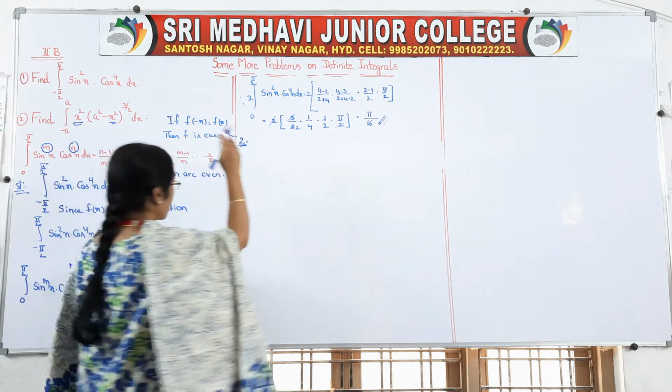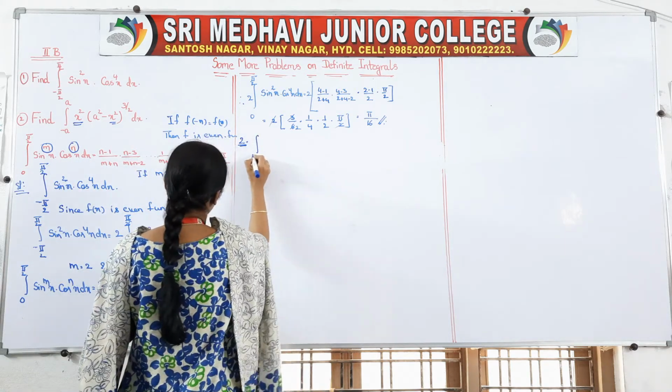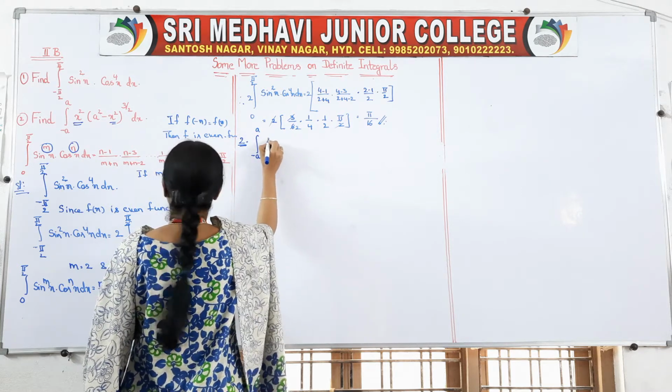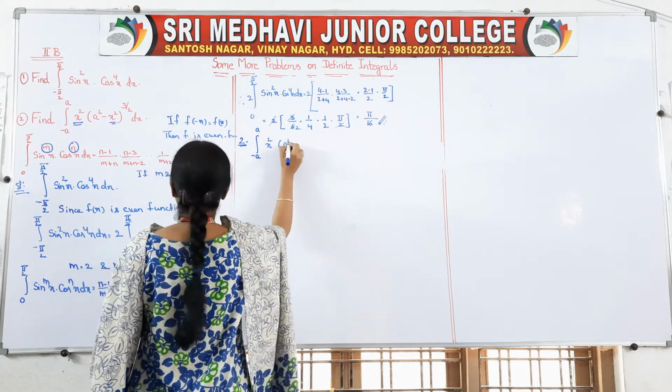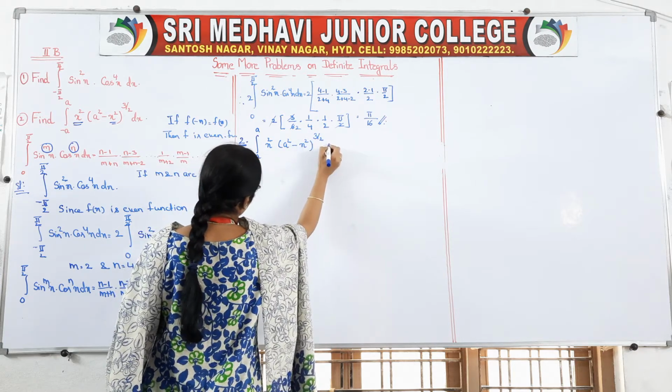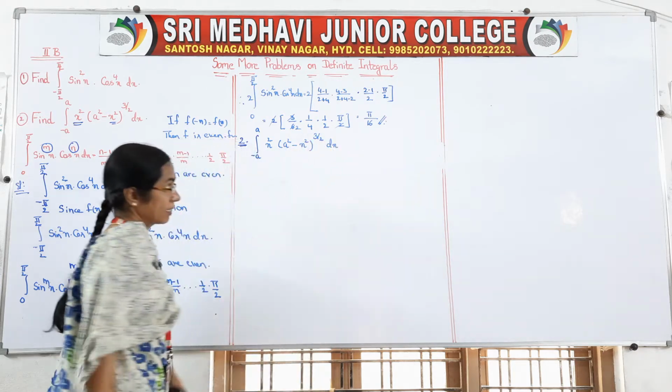So that's why the second question is given as the integral from minus a to a of x square into a square minus x square to the power of 3 by 2 into dx.